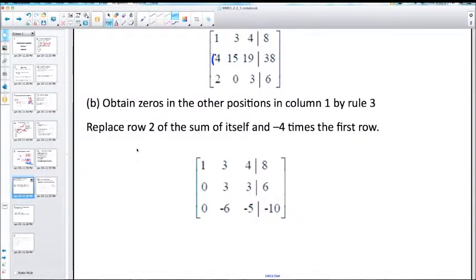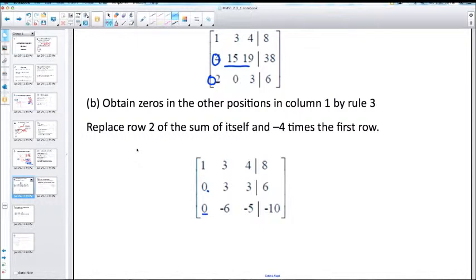I'm going to turn this into 0, turn this into 0. So we apply the third rule. We multiply the first row by -4, add to the second row, then you get a 0 here. We replace the third row by -2 times the first row added to the third row. Then you get a 0 here.